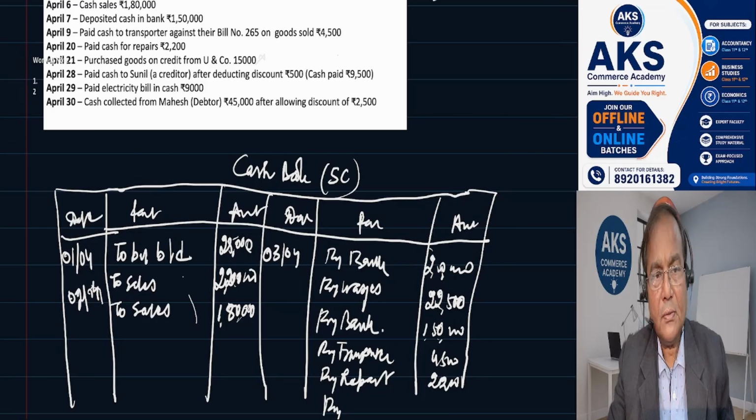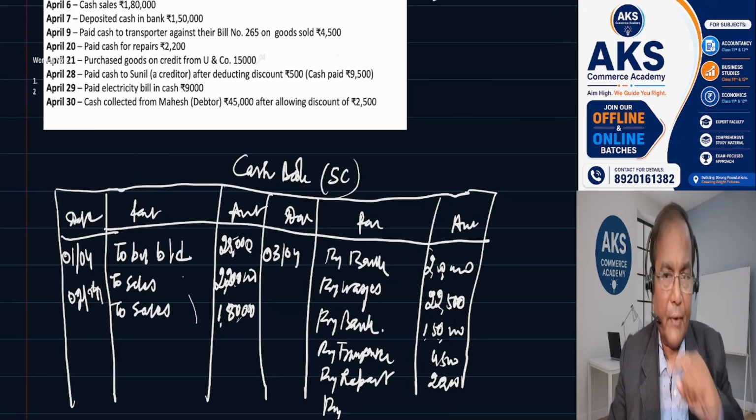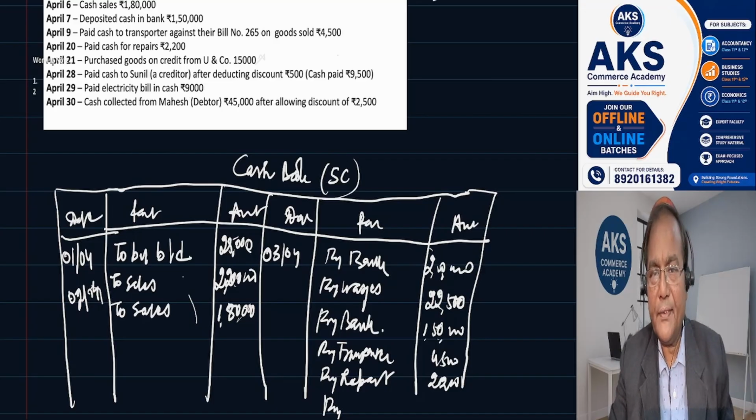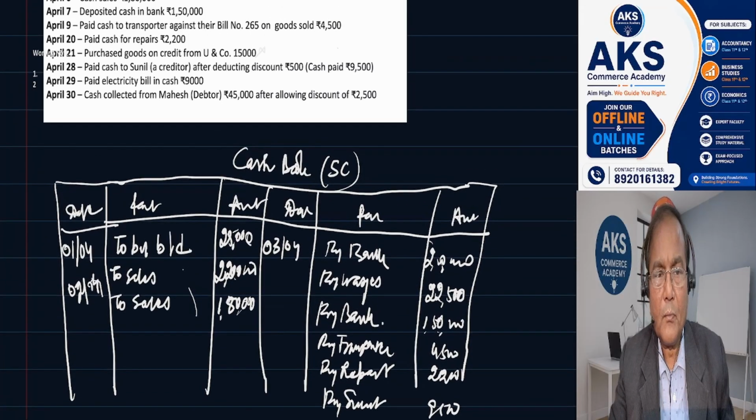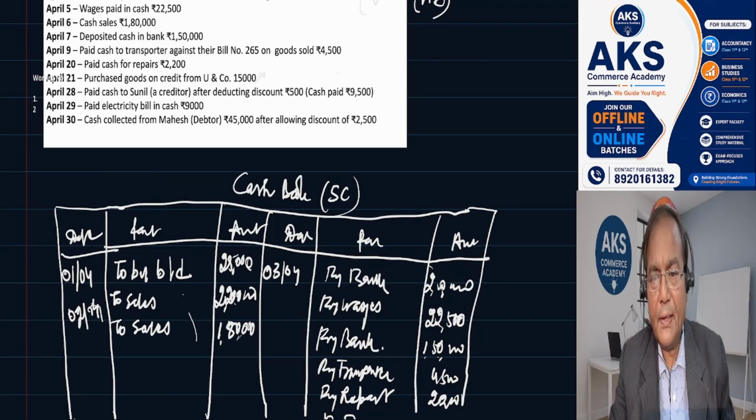Paid cash to Sunil after deducting discount 500. So cash payment, what is the entry? By Sunil 9,500. What next? Paid electricity bill 9,000.